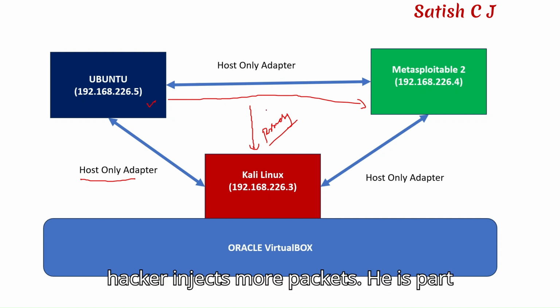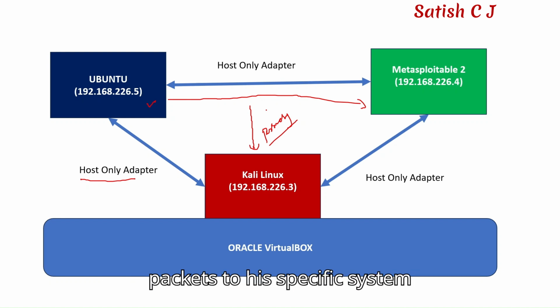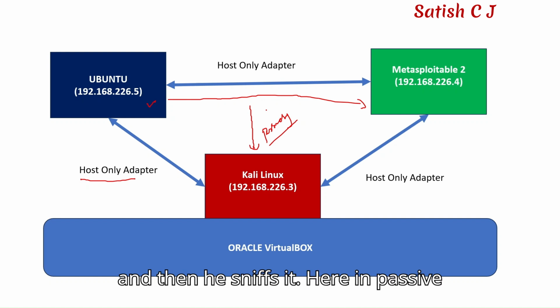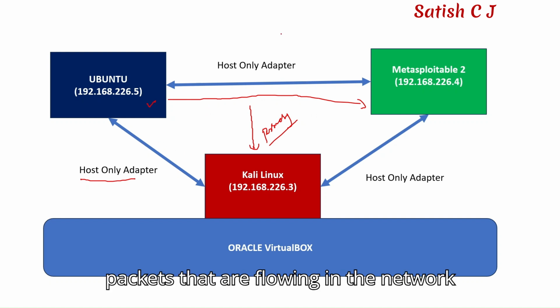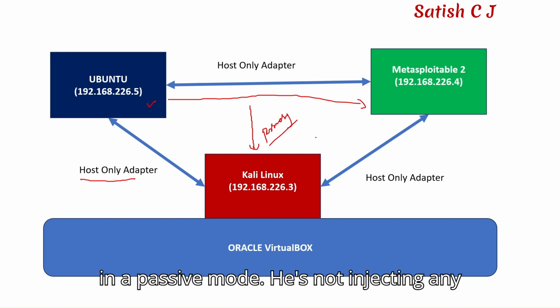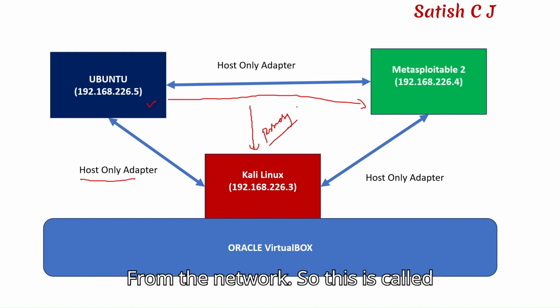In active sniffing, the hacker injects more packets. He is part of the attack, and then he diverts the packets to his specific system, and then he sniffs it. Here in passive sniffing, he just sniffs the packets that are flowing in the network in a passive mode. He's not injecting any packets.